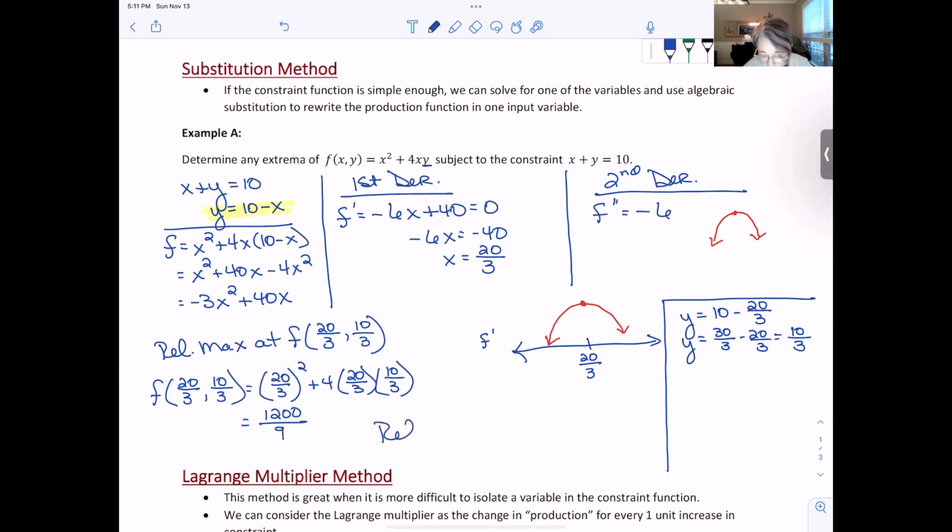If we want the full relative max, it would be our two input values, 20/3 and 10/3, and then our output of 1200/9. So that's the substitution method.